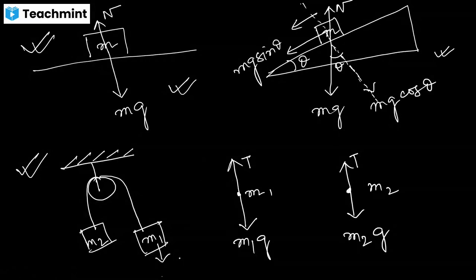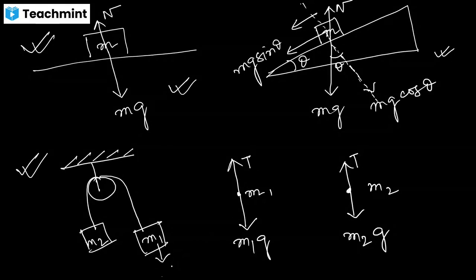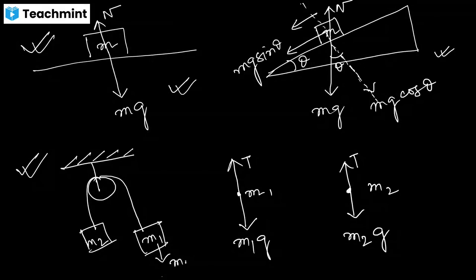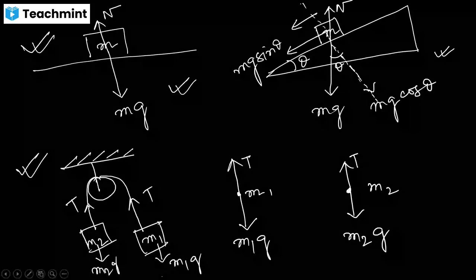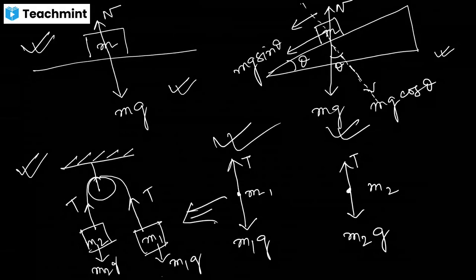So if I do not draw the point masses for the third case, what should be the diagram with respect to the given one? This is M1 into G, and this is the tension force T. For M2, this should be M2 into G, and this is the tension force T. If you combine these two diagrams, then this is the complete one.